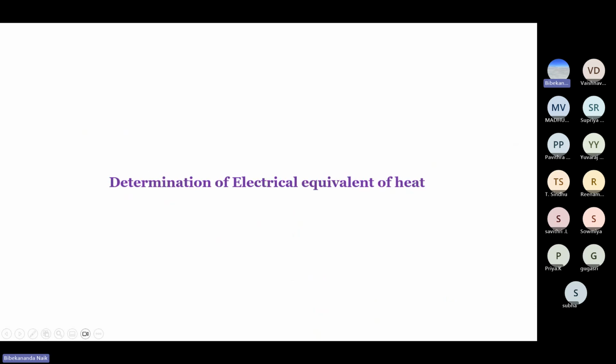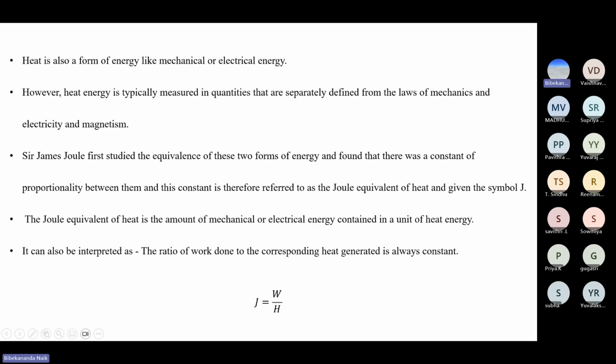Talking about the next experiment, it is the determination of the electrical equivalent of heat. We know there are different forms of energy. There are mechanical energy and electrical energy. Similarly, there is heat energy.